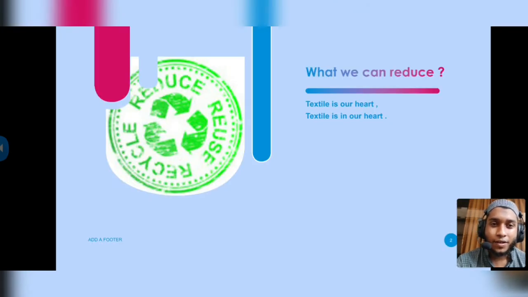So in the very first slide the question arises what we can reduce. So first of all let's discuss about 3R. Actually 3R is produced from three words: reduce, reuse and recycling. What is reduce? Reduce means something which we are decreasing.